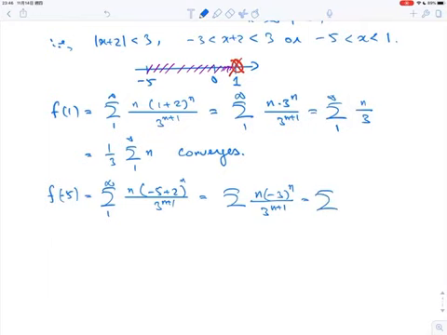So this can be simplified. The 3 is going to cancel, but you would have minus 1 to the power n times n, divided by 3. So when n equals 1, this is going to be minus 1/3.